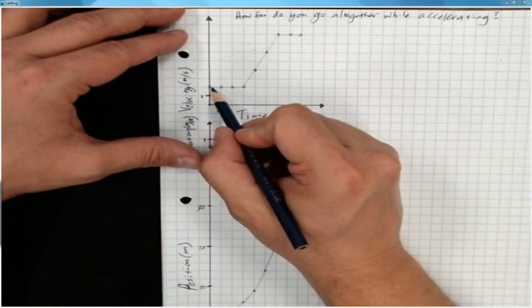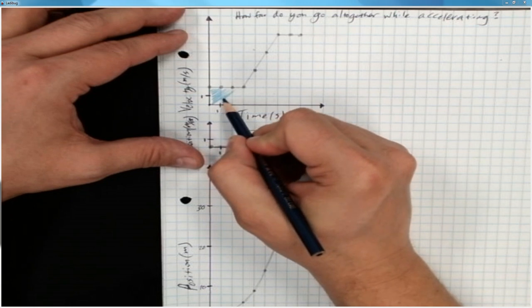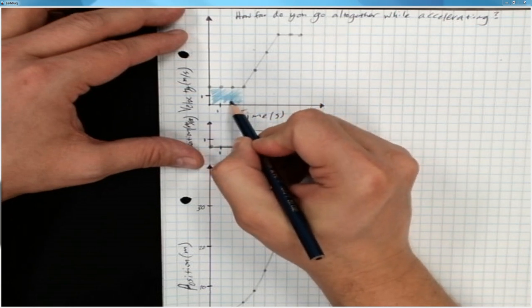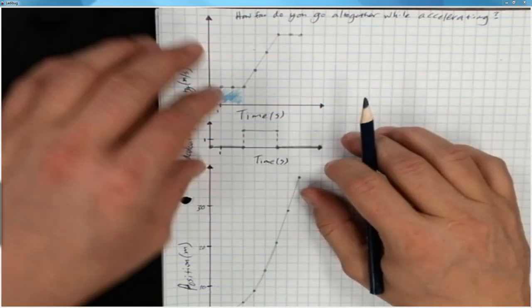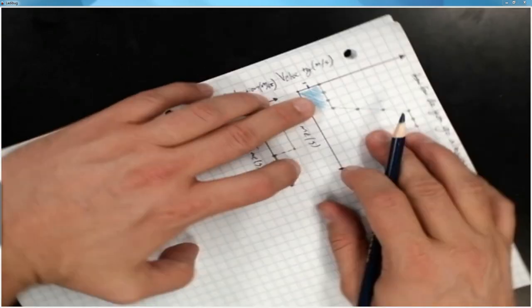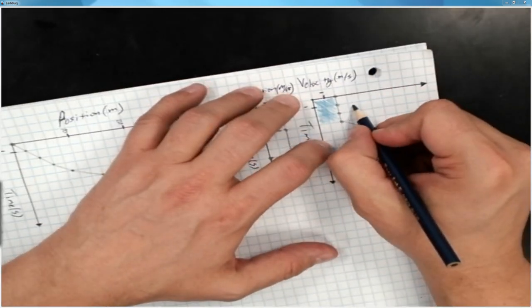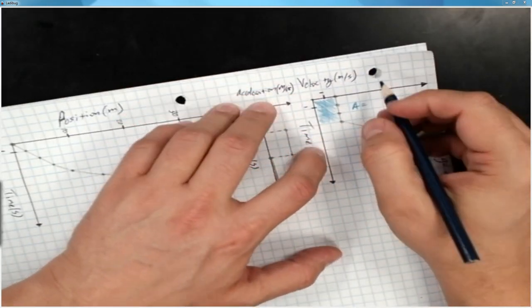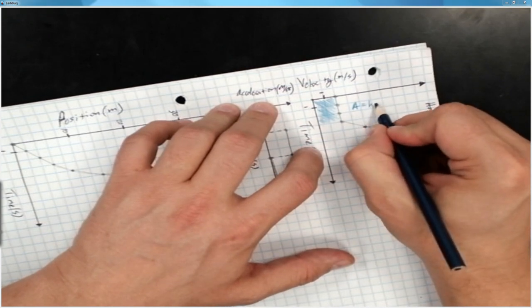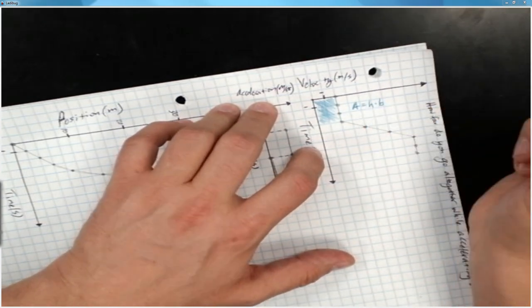The area under this velocity versus time graph, right here, let's find that area together. So area is equal to height times base for a rectangle.